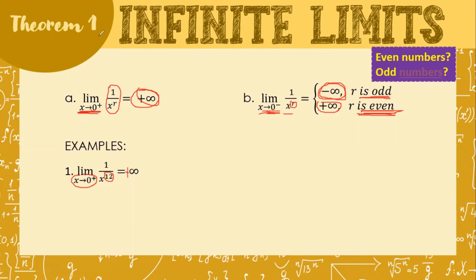Let's have another example. We have the limit of the function 1 over x raised to 5 as x approaches 0 minus. The result is negative infinity. Why negative infinity? Because the approach here is 0 minus, meaning to the left. When the approach is 0 minus, the answer will vary, either positive infinity or negative infinity, depending on whether the exponent of your variable in the denominator is odd or even.